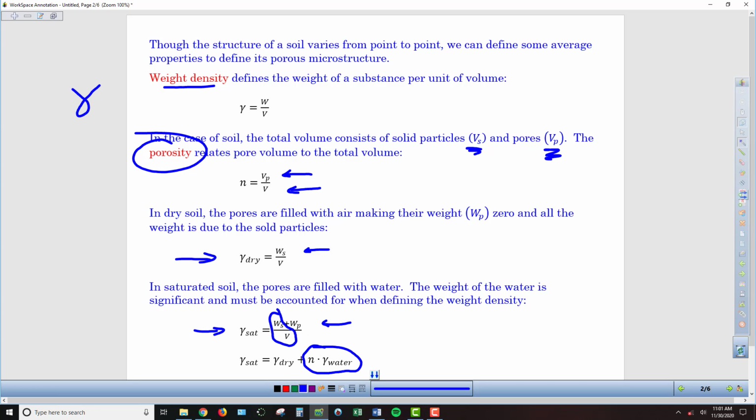I can replace that with the porosity times the density of water. And so now I have a mechanism to find the density of the saturated soil. So it takes into account the dry density plus however much space there is for water to fill. So we factor in the porosity and then the density of water, so that will get us to the saturated density of a particular soil.